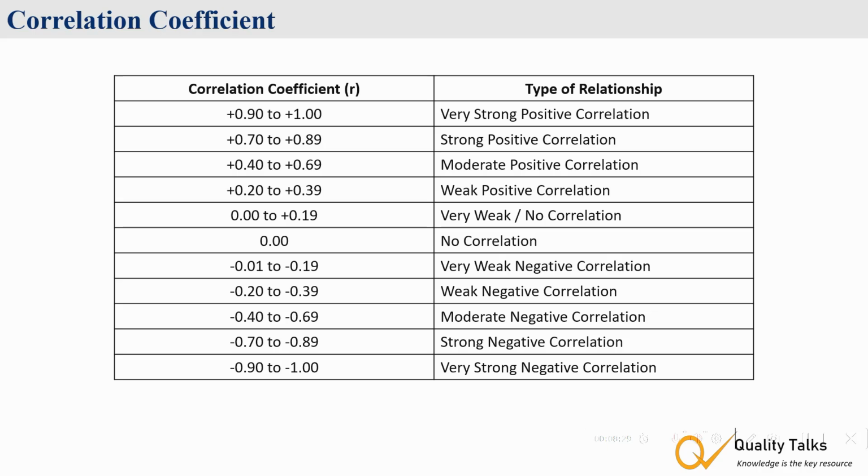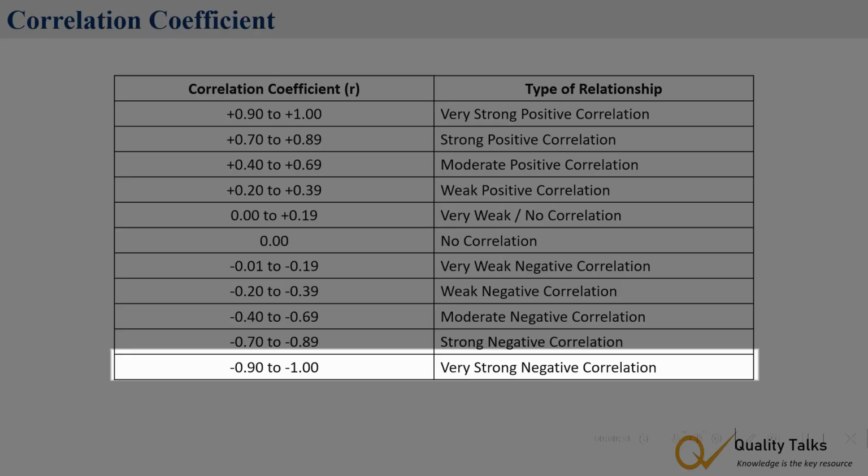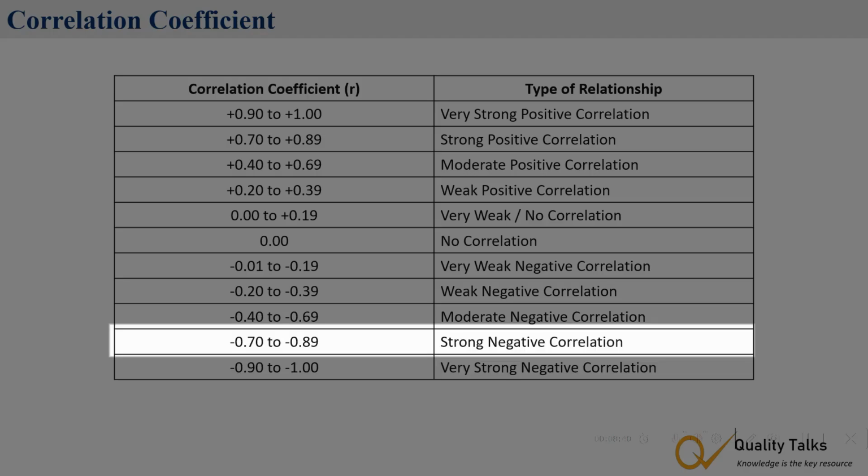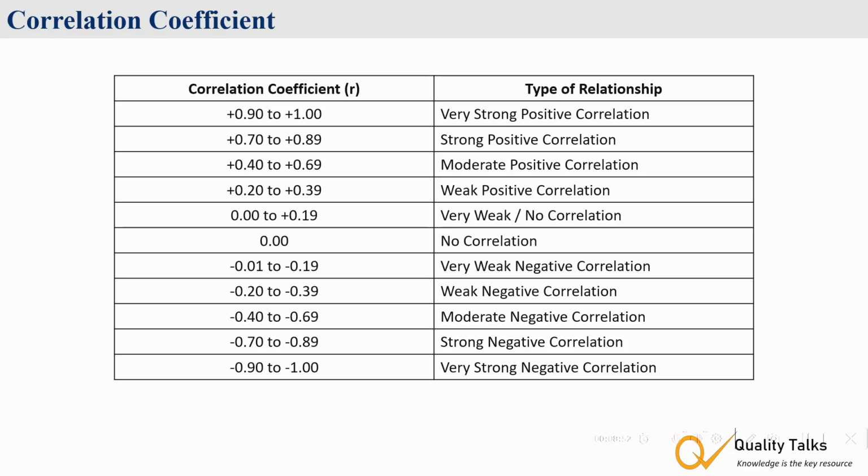Similar on the negative side. So on the negative side, -0.90 to -1 is a very strong negative correlation. -0.70 to -0.89, strong negative correlation. So in this way, by calculating correlation coefficient R between two variables, we can identify the relationship between two variables.